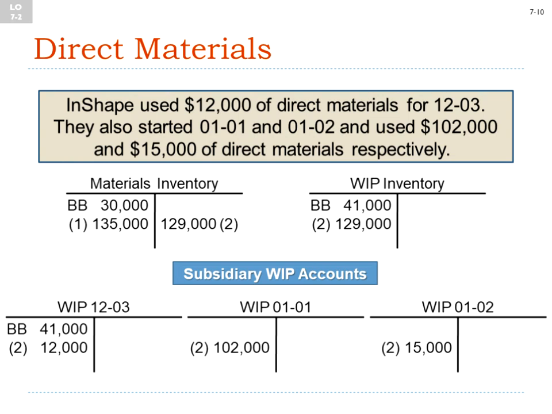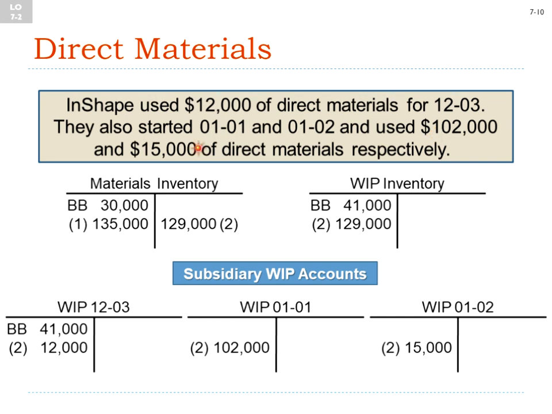The next entry says that the company used $12,000 of direct materials for job 1203, and then for jobs 101 and 102, they used $102,000 of materials and $15,000 of materials.